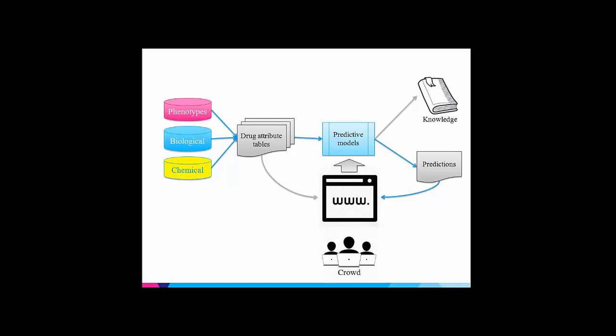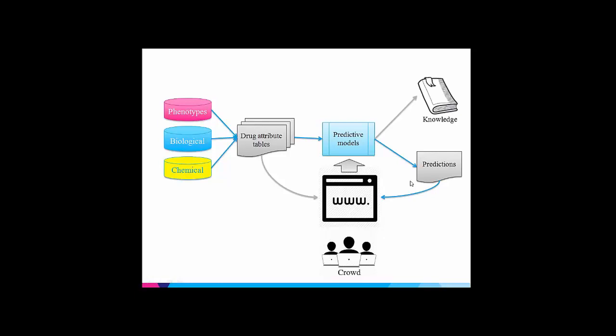In this study, we are trying to collect multiple drug attribute tables from phenotypic, biological and chemical points of view. And then after we have those attribute tables for drugs, we can train predictive machine learning models to predict those ADRs, and we can also potentially extract knowledge from those predictive models.